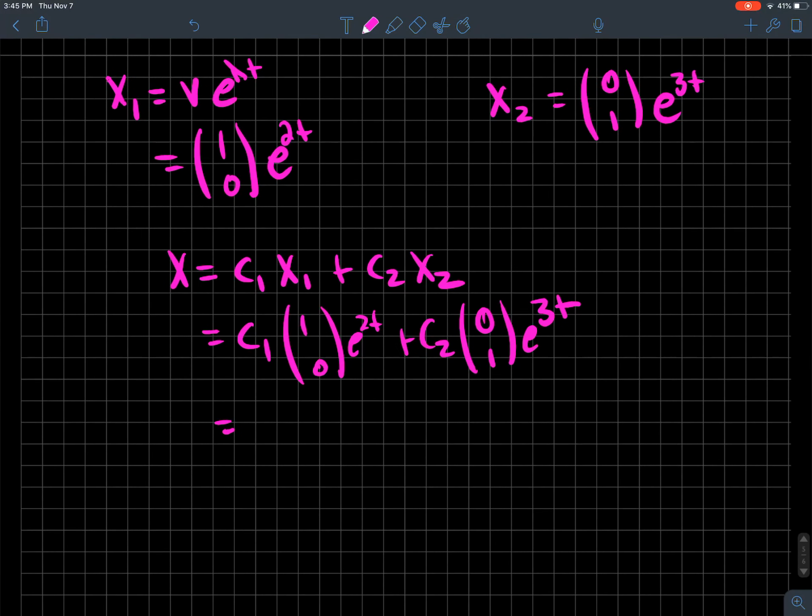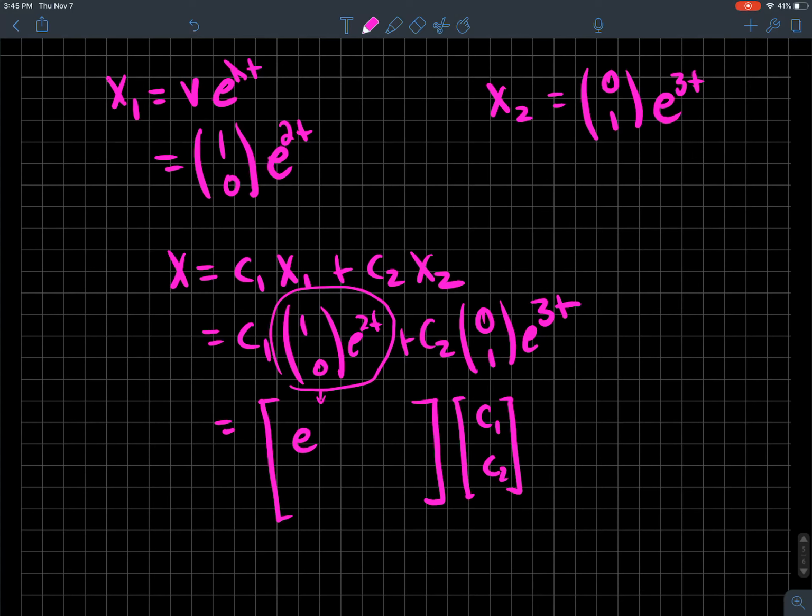And if you want, you can write this as a matrix. The matrix is going to be this times the vector C1, C2. You just take these entries and put them below, so we get e to the 2t, 0 on the left, and on the right we get 0, e to the 3t.